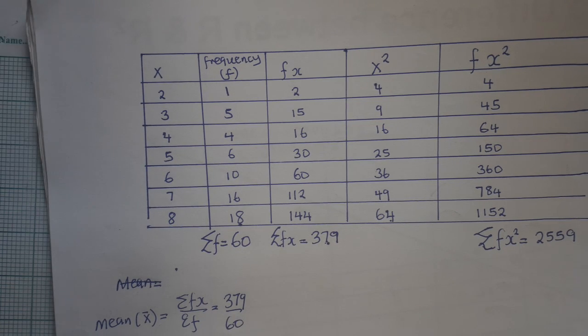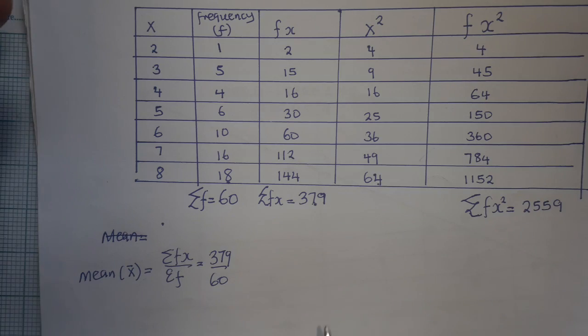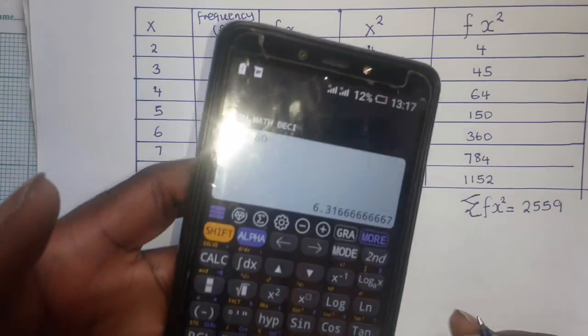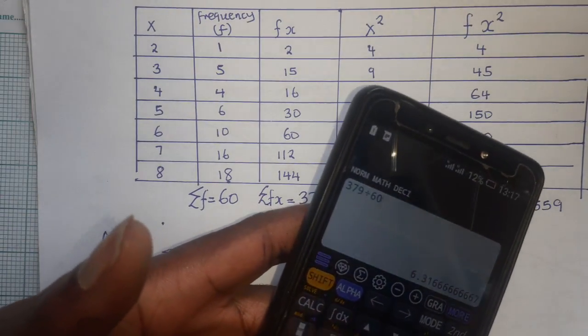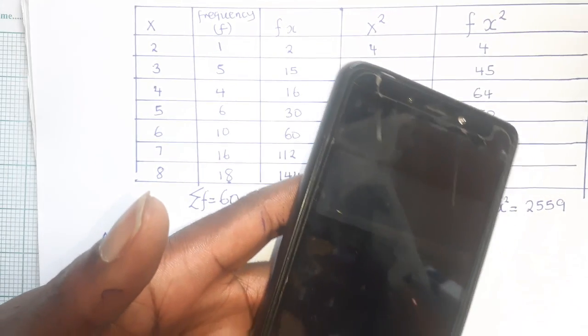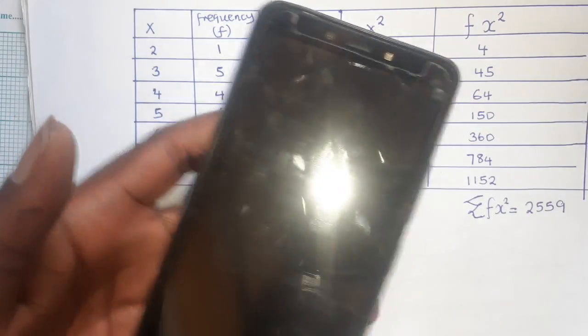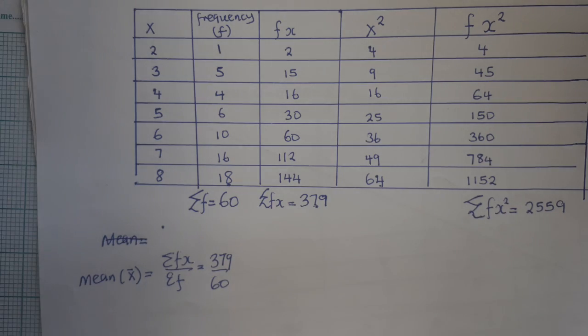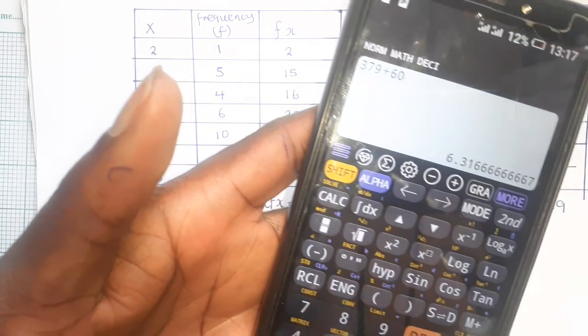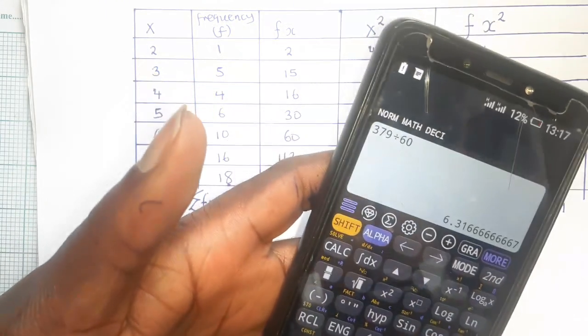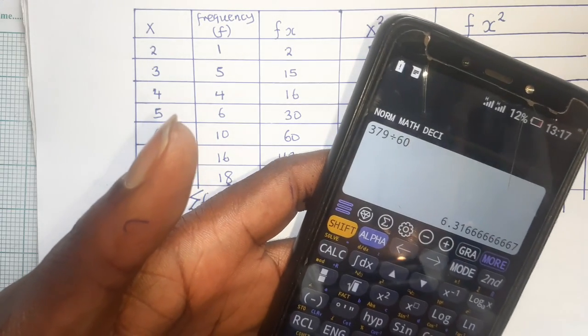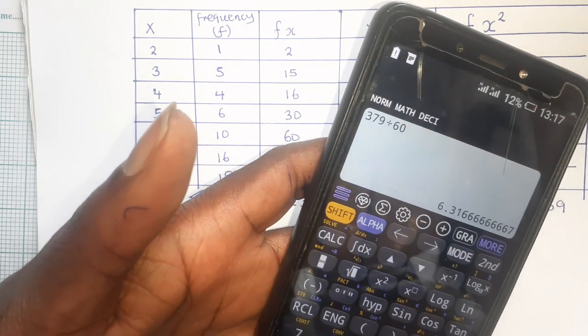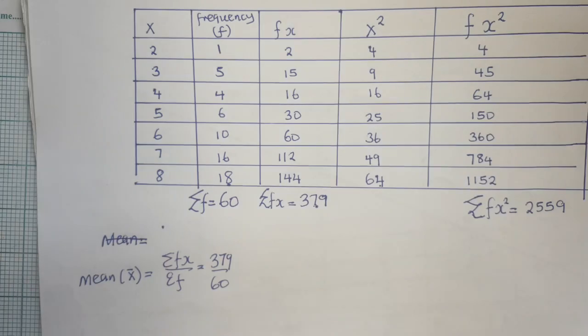We have to divide. What are we getting? You can look at my answer here. This is what I'm getting. You can compare it with yours. You round it off to 2 decimal places.